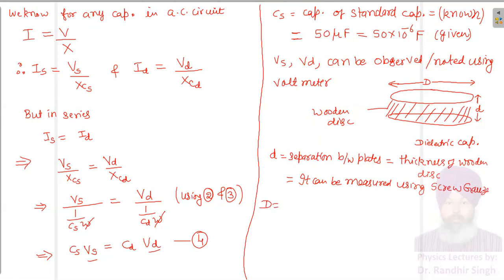Capital D is equal to the diameter of the capacitor plate, and it can be measured using vernier calipers. So we will make these observations.